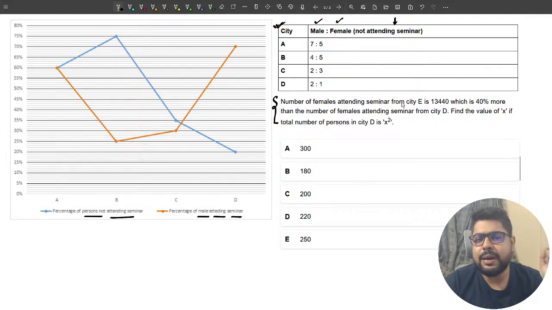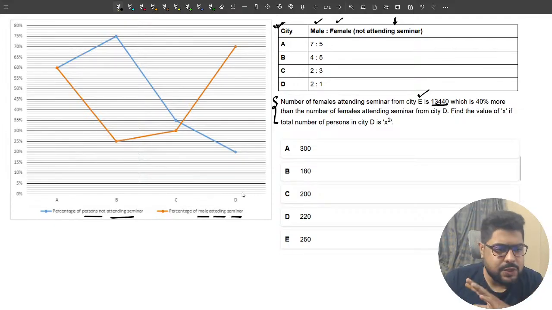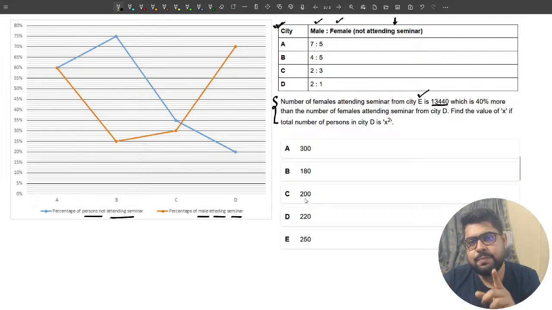Now here, let's see what they are talking about. The number of females attending the seminar from city E is this, which is 40%. First things first, city E is not there. Please understand, whenever you see such a situation, there is no mention of city E in our set. That means that information is connected to some of the given cities.